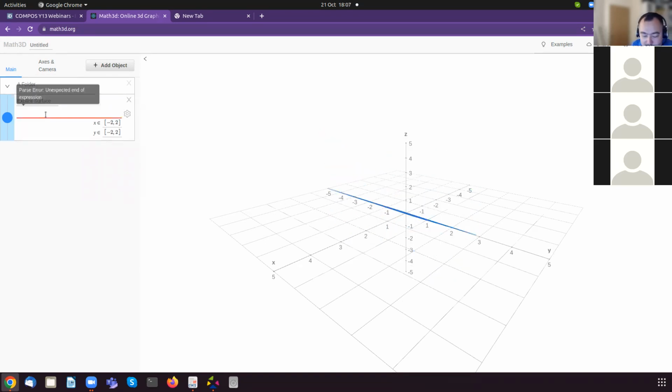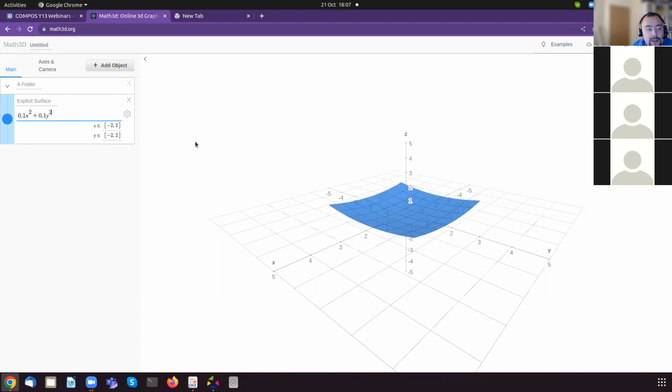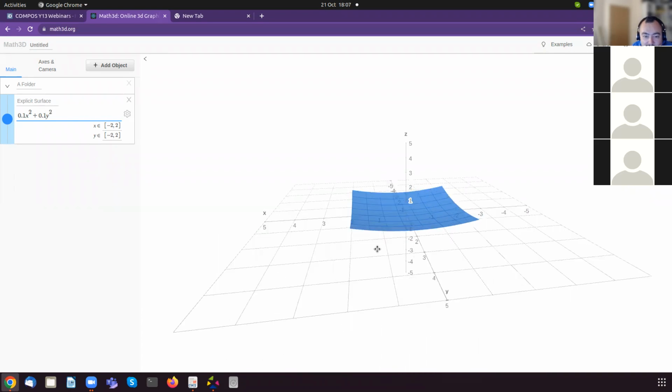Let's make something simpler, like 0.001x squared. Okay, too far off. Okay, that's reasonable. Plus 0.1y squared. So this is a surface, and you see this is x.